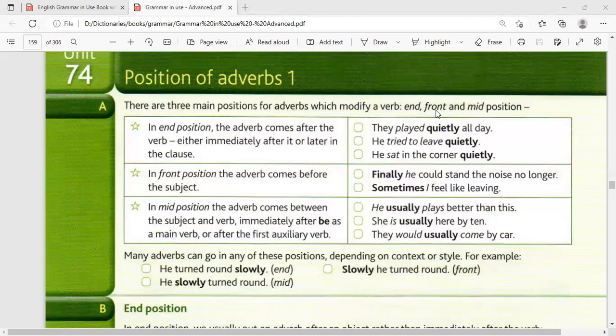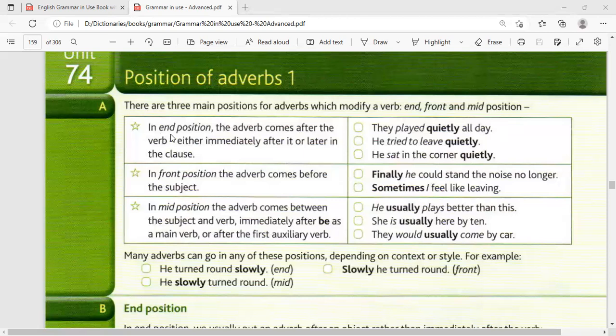We can use it at the end, front, and mid position. So we can use it at the end or front or mid position.